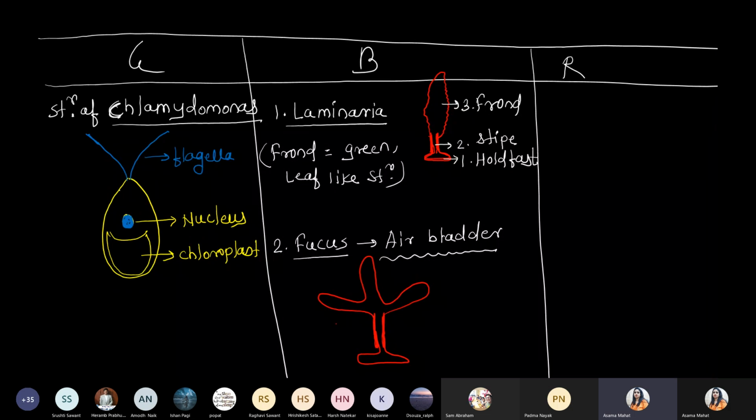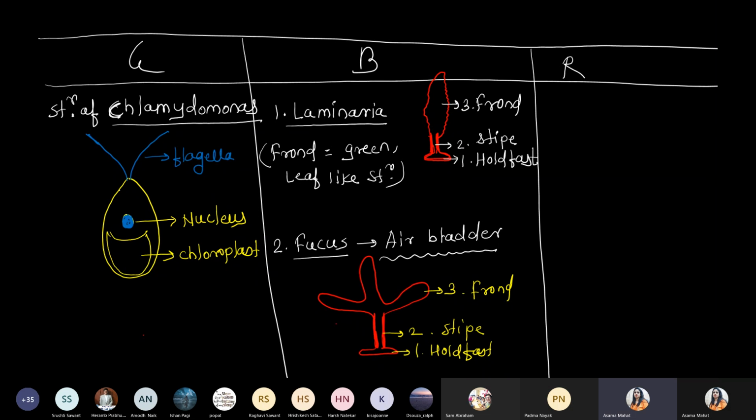So this part, the base part, this is number one, number two, and number three. So the same names, 1, 2, 3. First name is holdfast, second name is stipe, and the third one is frond.